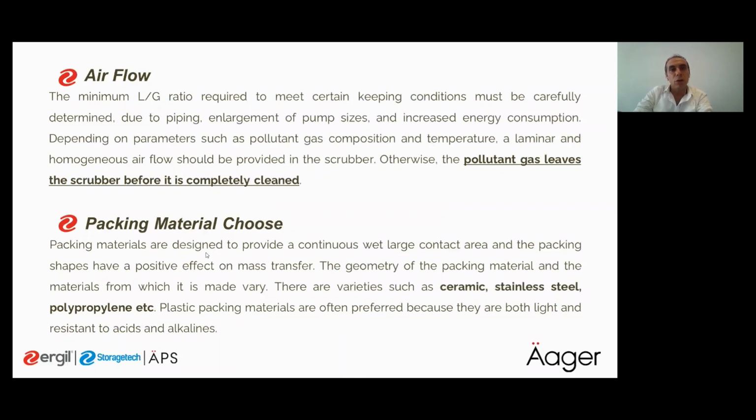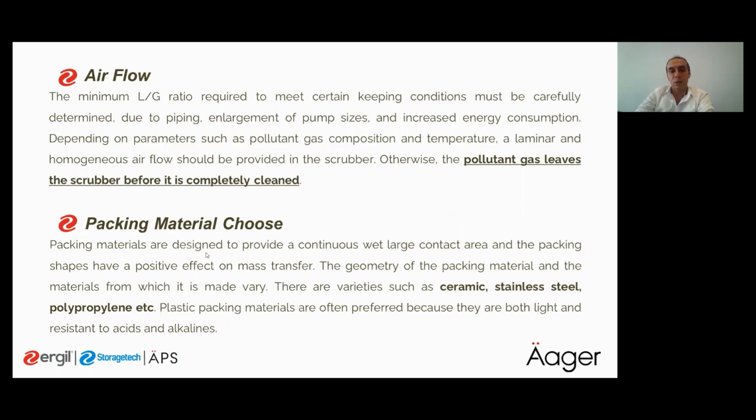The airflow should be laminar, uniform in the scrubber, with the minimum liquid gas ratio to meet the required cleaning percentage. If the airflow is not calculated correctly, the pollutant gas leaves the scrubber before it is completely cleaned.